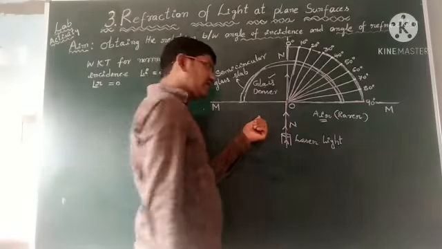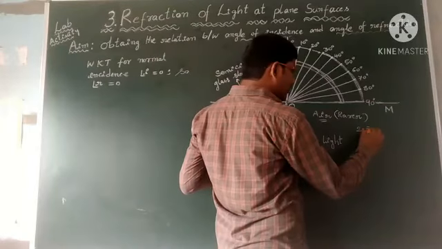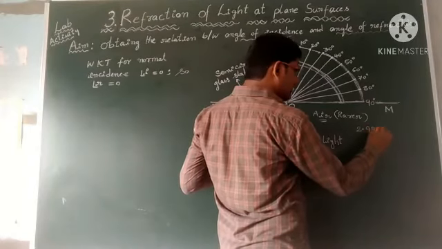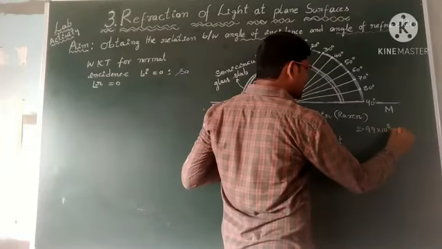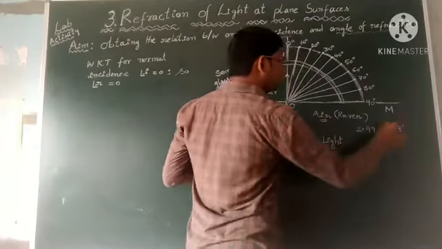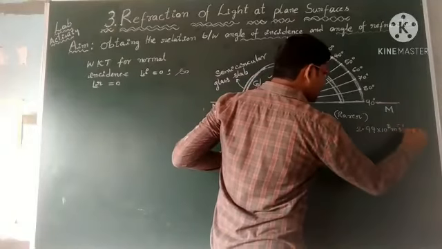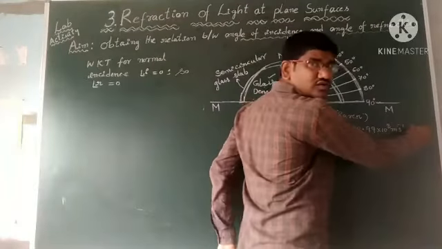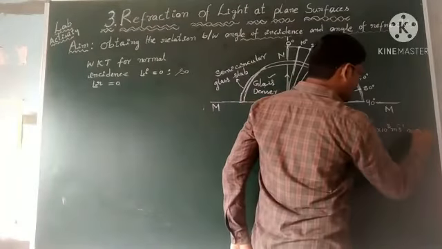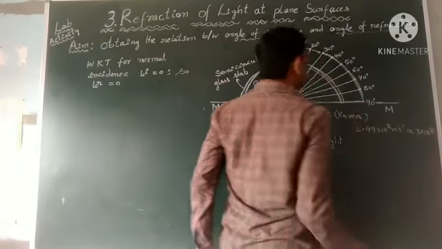But in the air, what is the speed of light, you know, my dear students? 2.99 into 10 power 8 meter per second, which approximately you can write as 3 into 10 power 8 meters per second.